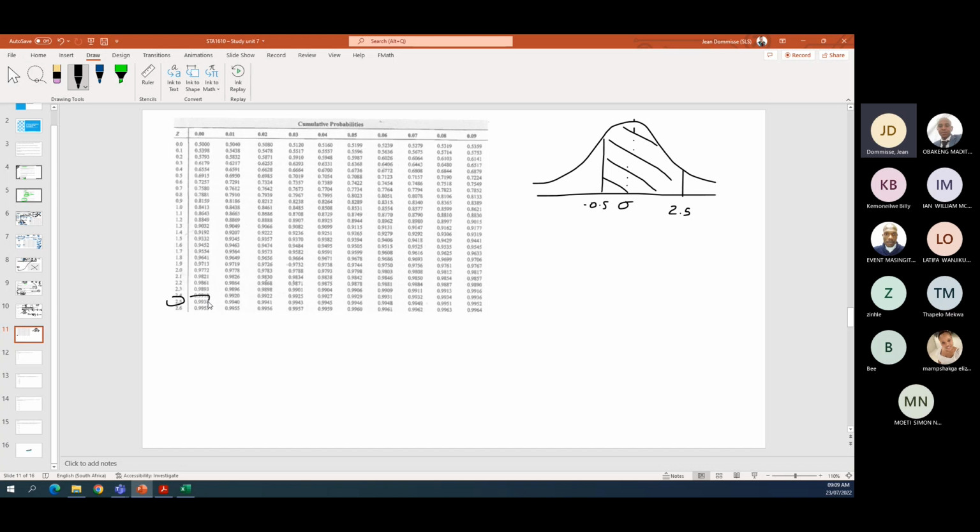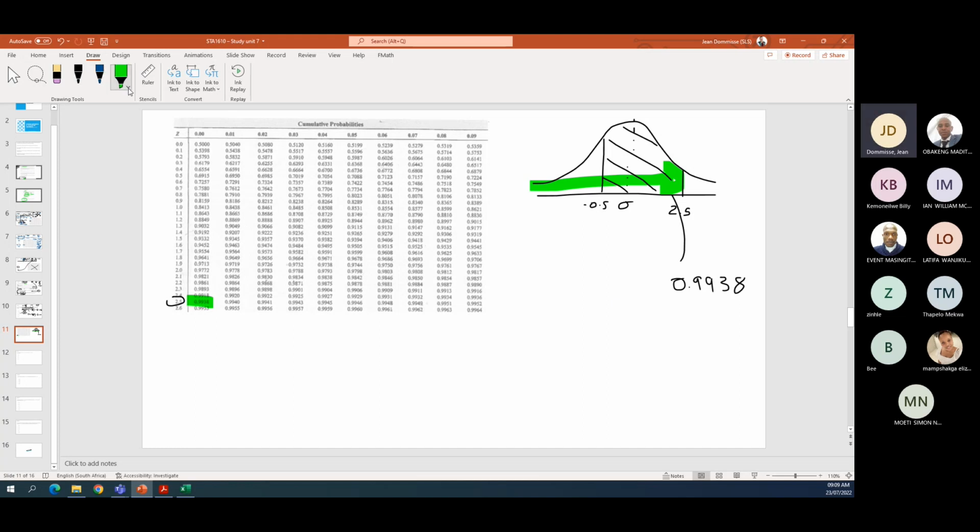The 2.5 is that one, and this whole area is 0.9938.